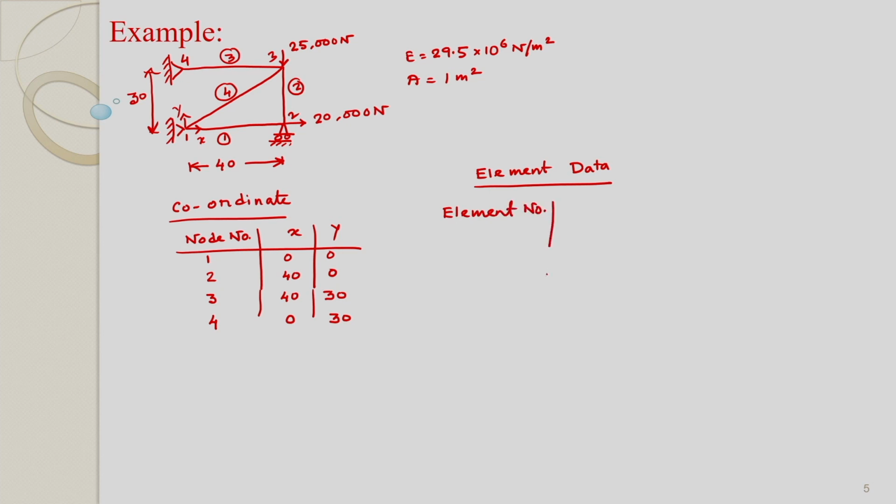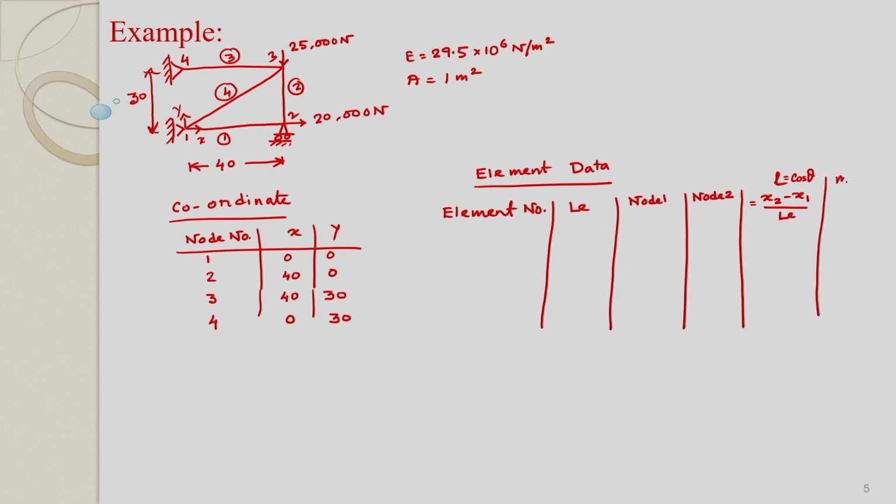Element number, length of the element, node 1, node 2, then this L which is cos theta, that is x2 minus x1 by LE, then m sin theta which is y2 minus y1 by LE.